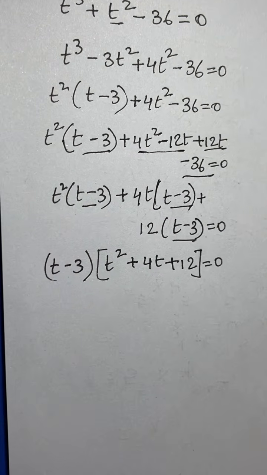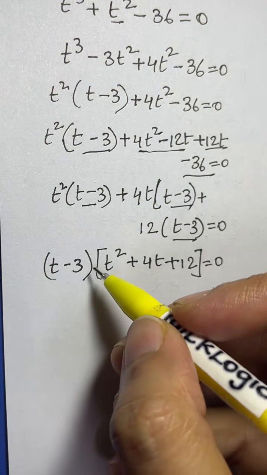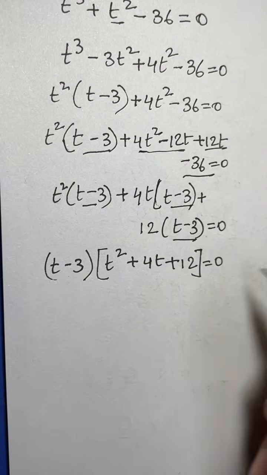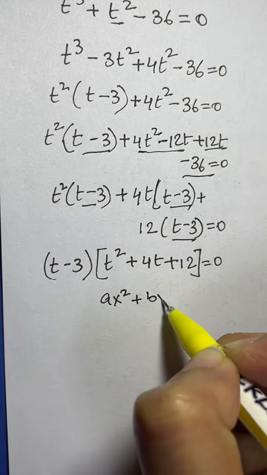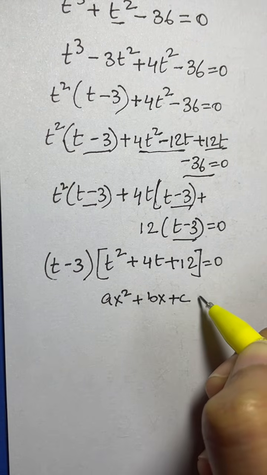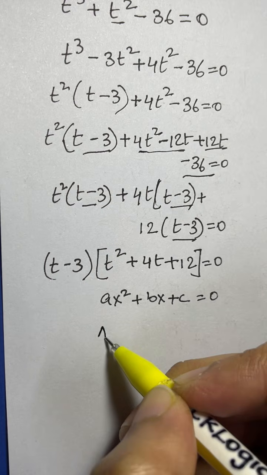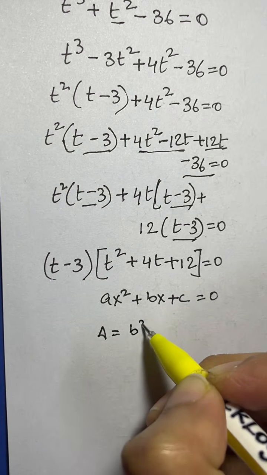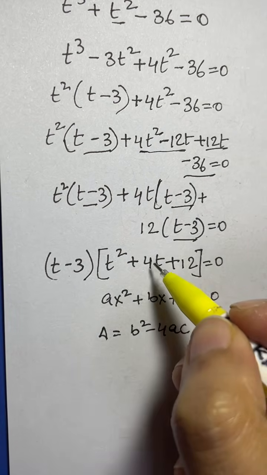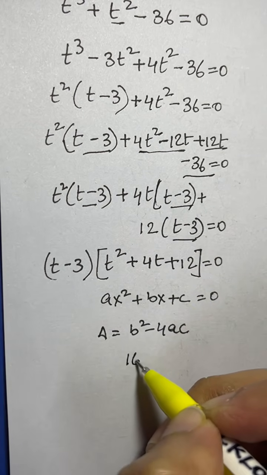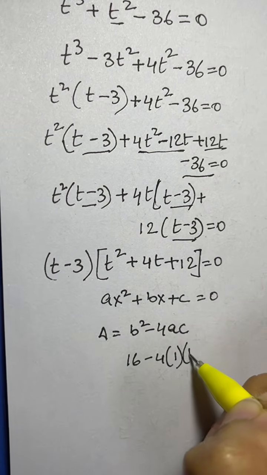Alright, now we have a quadratic equation. This is in the form of ax squared plus bx plus c is equal to 0. So let's find out what the discriminant says. It's b squared minus 4ac. So b squared is 4 squared, that's 16, minus 4 times 1 times 12.